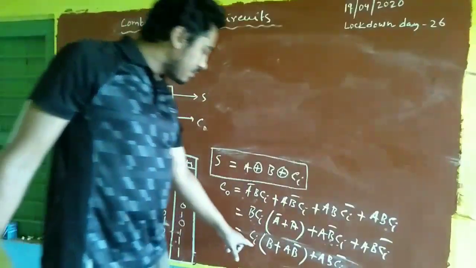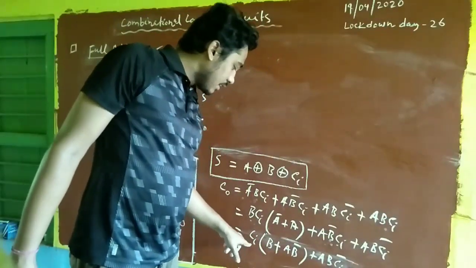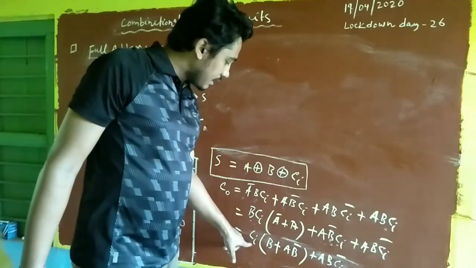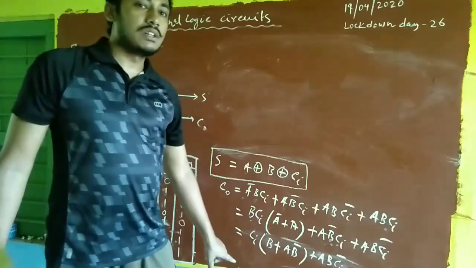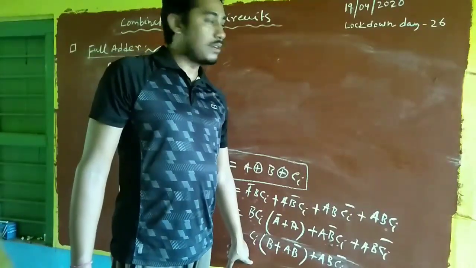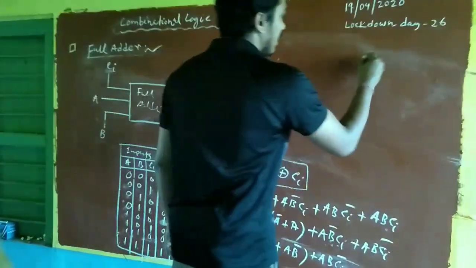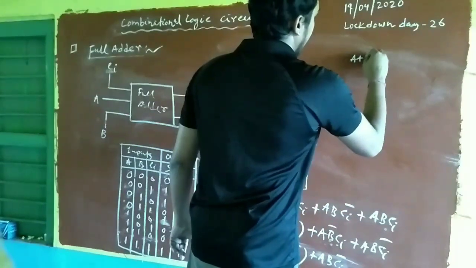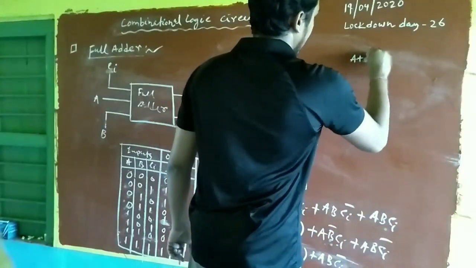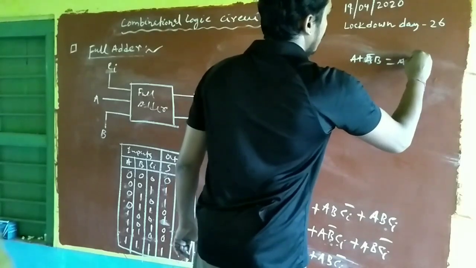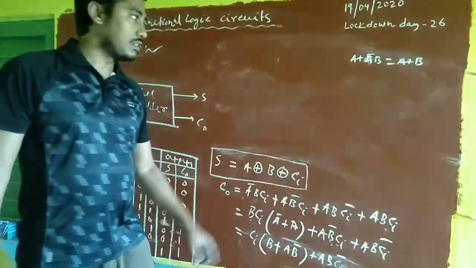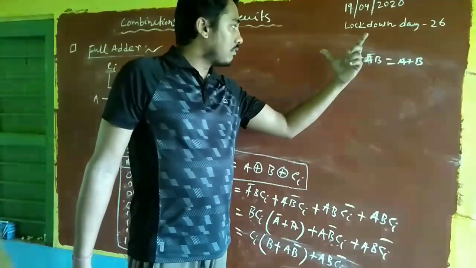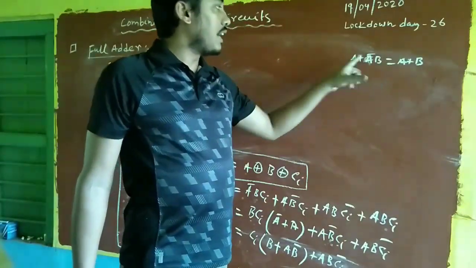Now why are we writing in this form, or why are we taking Ci common? So it is B plus B bar A. Now you remember the absorption law in Boolean algebra. What was the absorption law? A plus A bar B is equal to A plus B. That is one of the absorption laws in Boolean algebra.